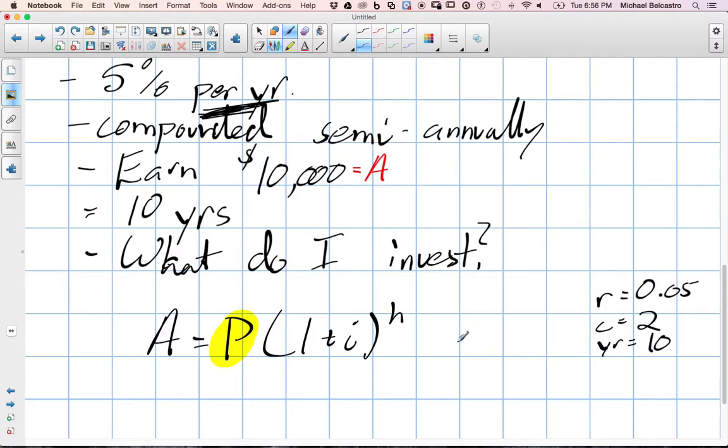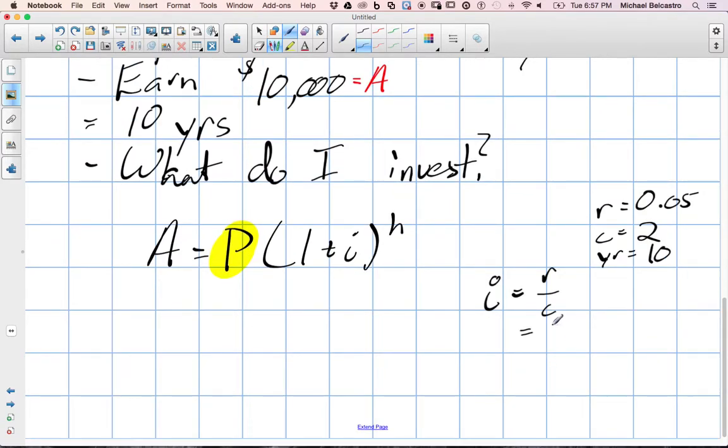Very generous interest rate. So we have an A value, and the I and the N we need to calculate. I is your R over your C, so 0.05 divided by 2, and when we divide it, we get this value.